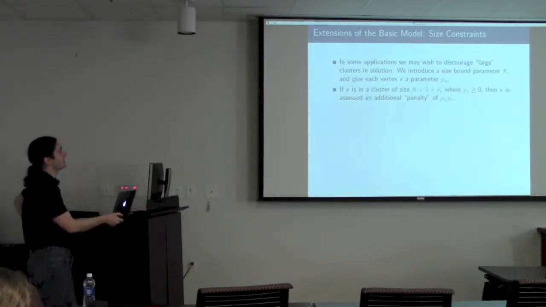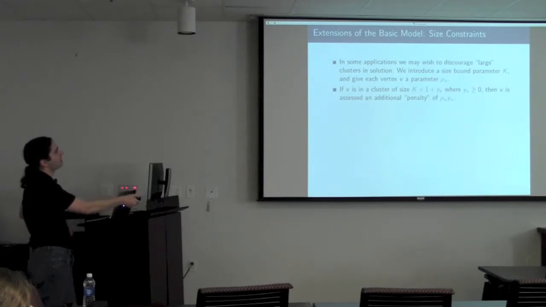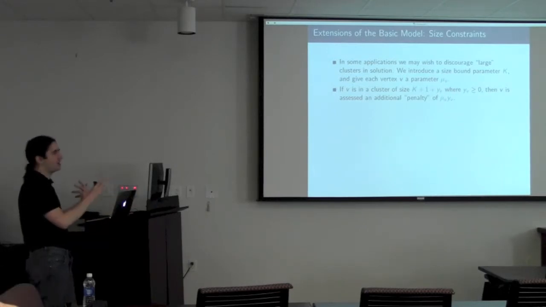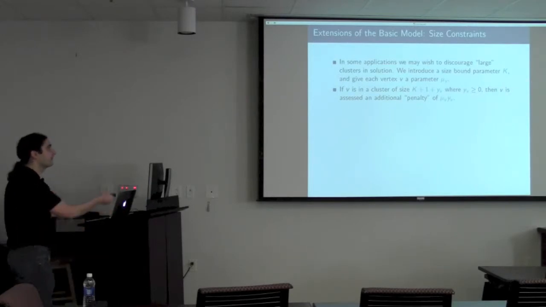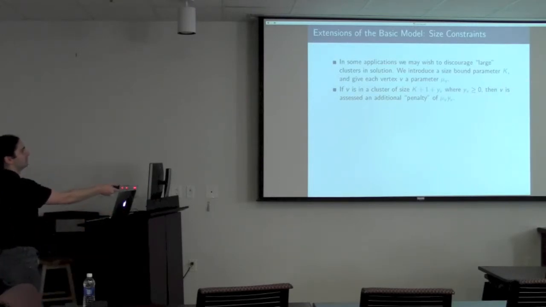So we're going to say that there's some parameter k that represents an upper bound on the permissible size of a cluster. And each vertex is going to have some mu sub v, which measures the sensitivity to the size bound at that vertex. For annoying technical reasons, we're really saying the upper bound is k plus 1.